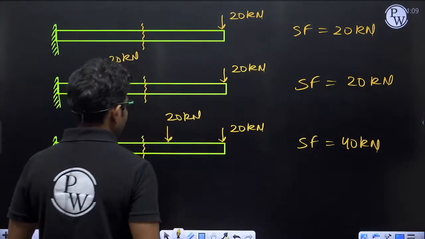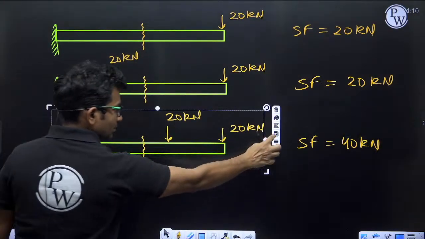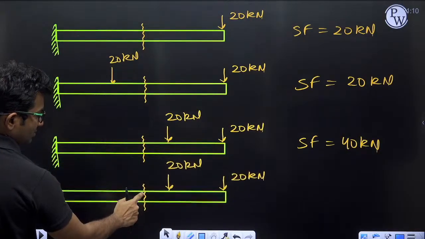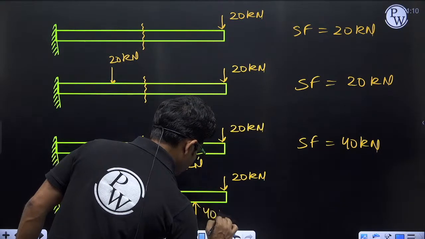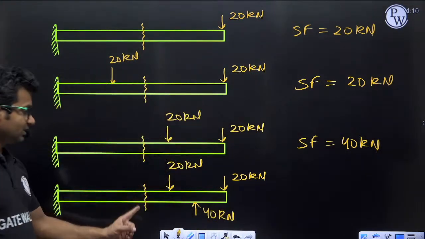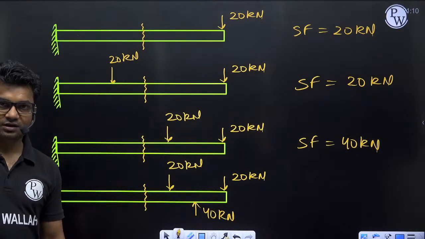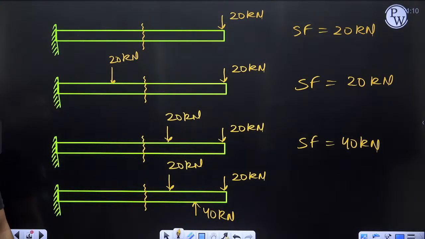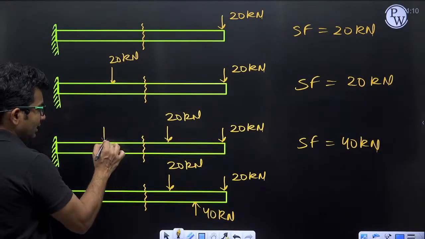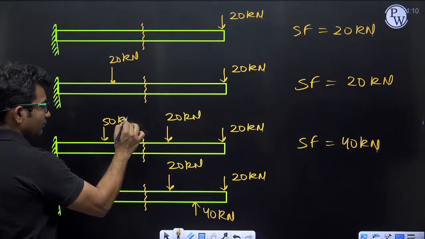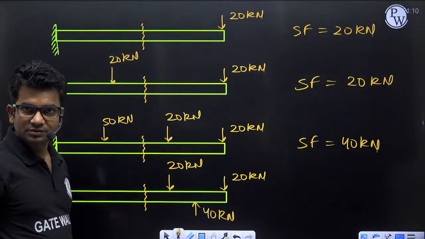Now tell me, what is the value of shear force at this section in this case? If I apply a transverse load of 50 kilonewton here, it will not impact shear force at this location.